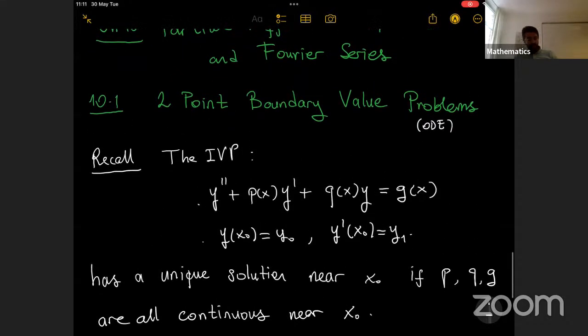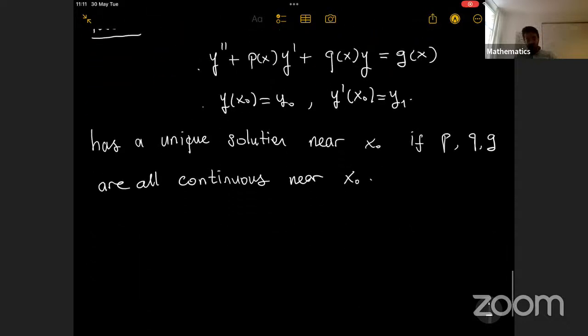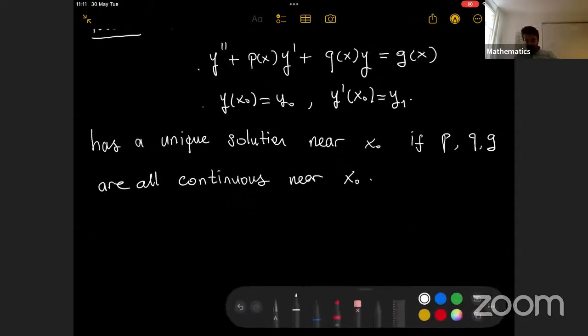Now, the 2-point boundary value problems are basically you replace x0 by 2 points. Instead of x0 in the initial conditions, we replace x0 by 2 points.